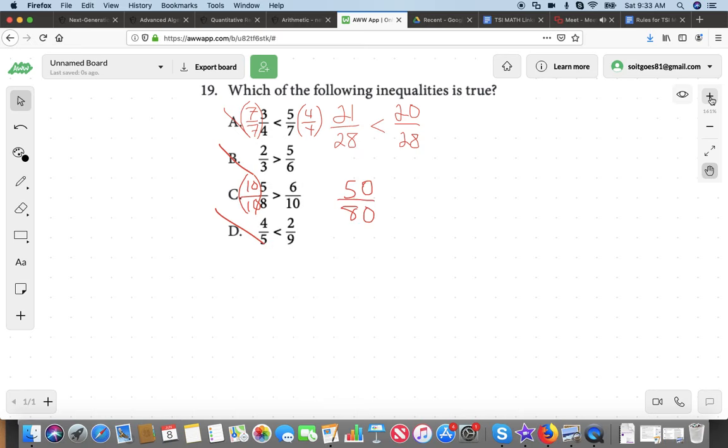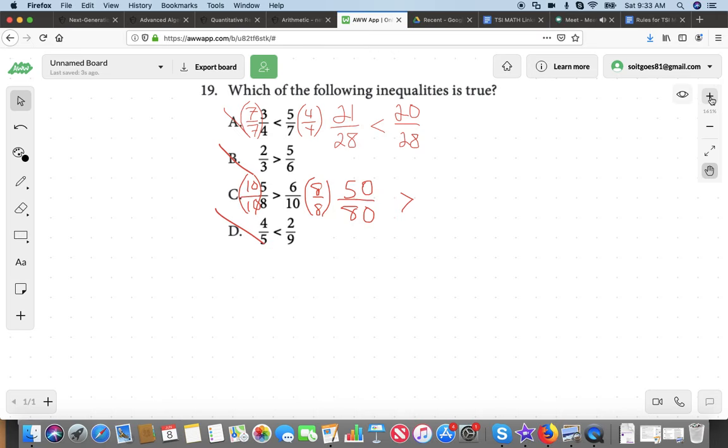And then how do we express 6/10 with an 80 in the denominator? We've got to multiply by what? 8 over 8. Let's multiply across the numerator and denominator.